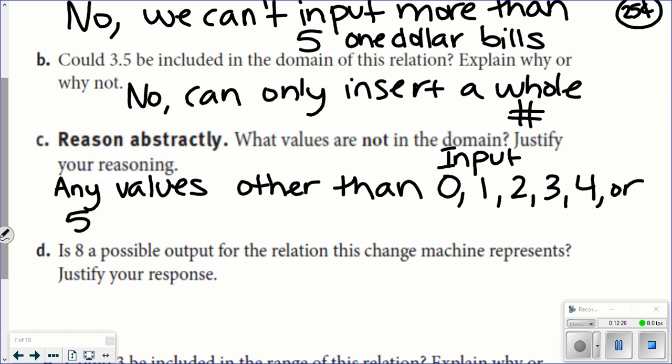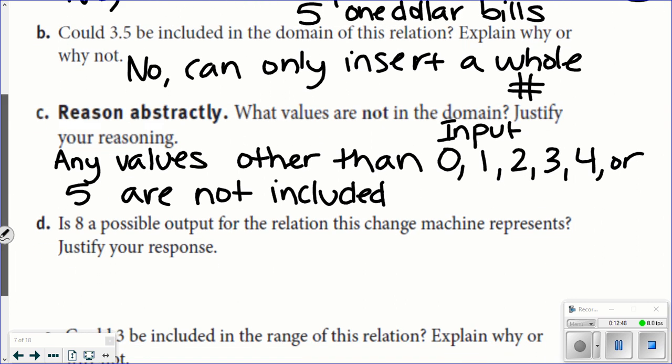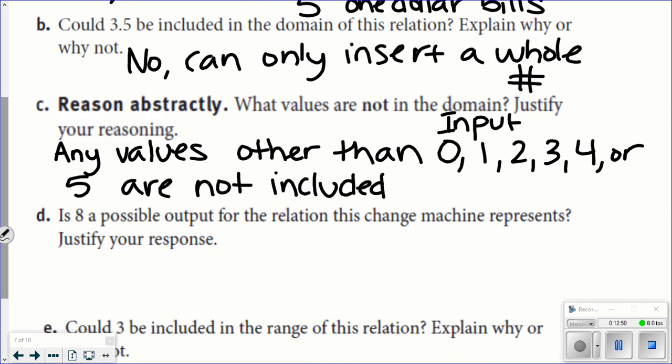So any values other than these are not included in the domain, in our input values, because we can only enter a whole number and no more than 5 at a time. It would take a long time to write all of our negative numbers, decimals, fractions, all numbers greater than 5, etc.